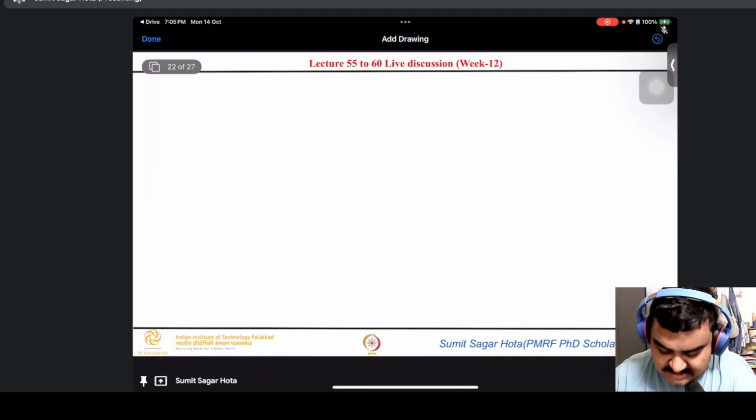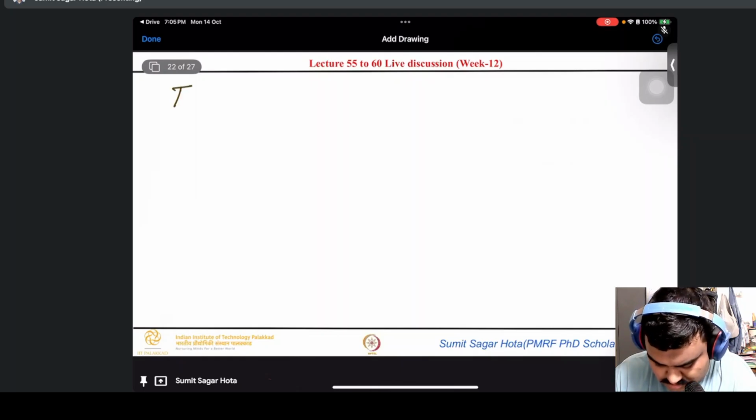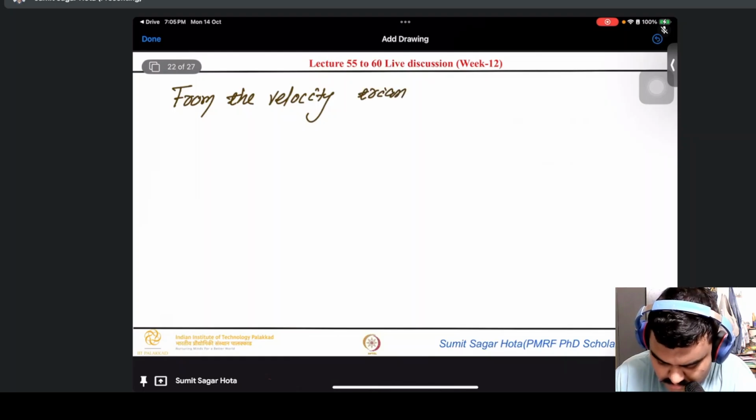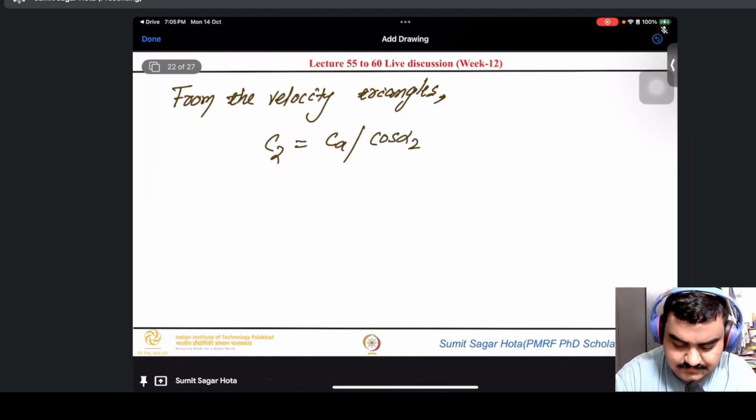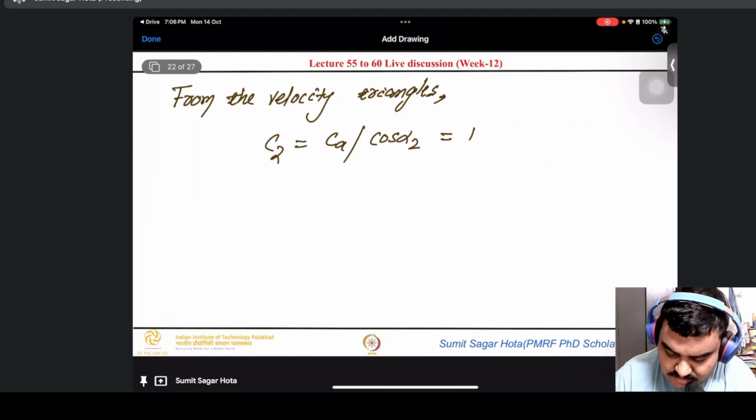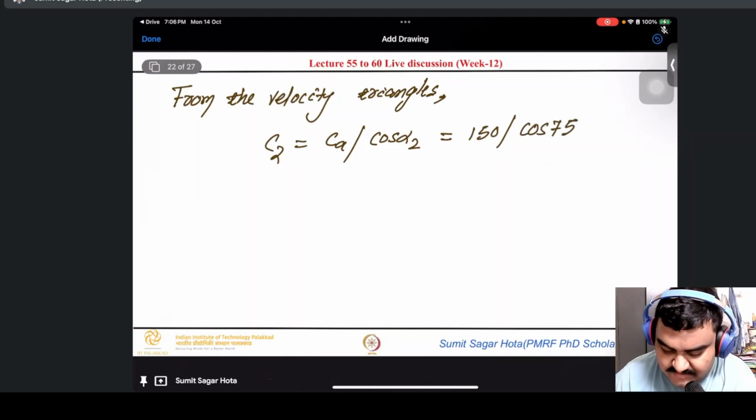From the velocity triangle, C2 is equal to CA by cos alpha 2, that's equal to 150 divided by cos 75.